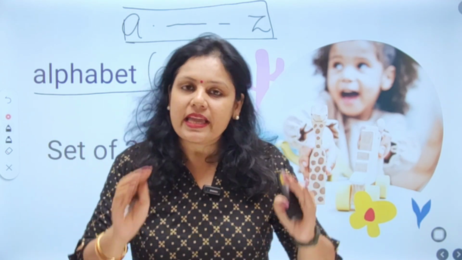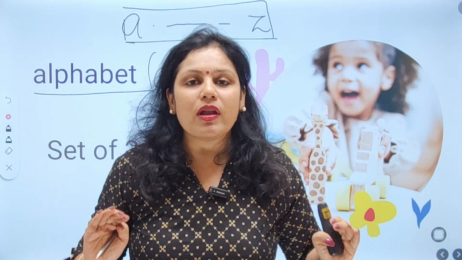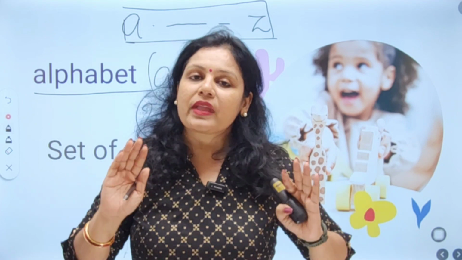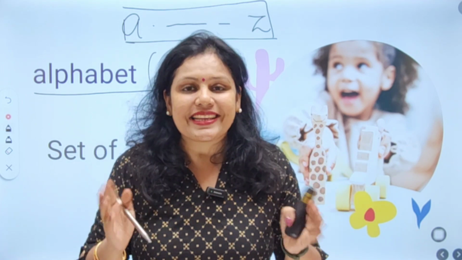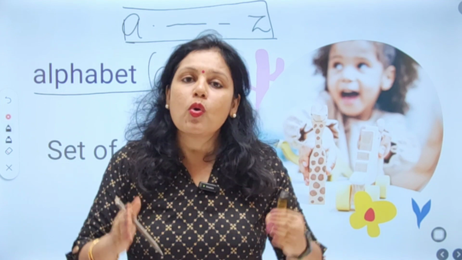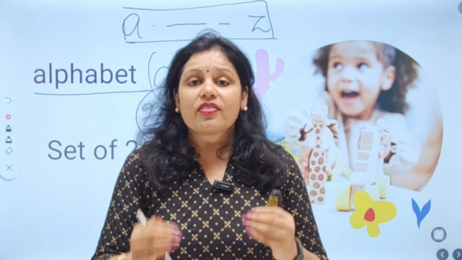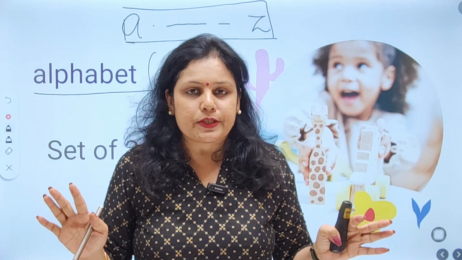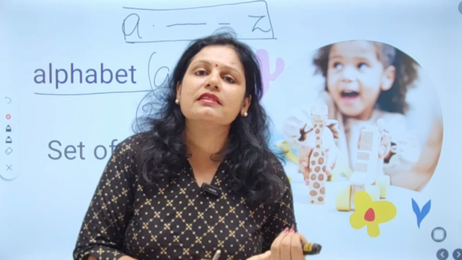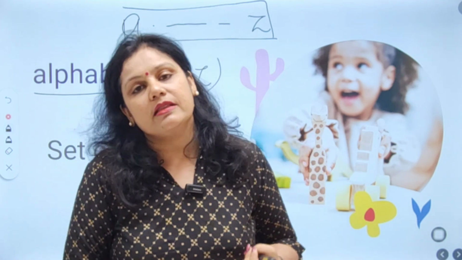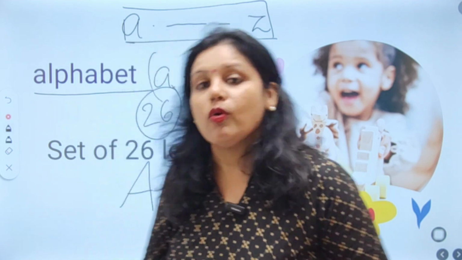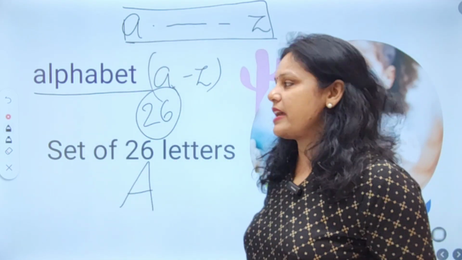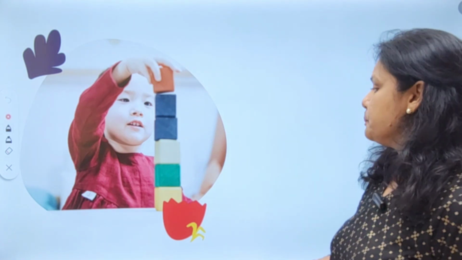So in both cases, you call it a bunch of keys. In the same way, alphabet is a collective noun, right? So you should understand that alphabet does not mean only the sequence, nor only the collection. It could be the sequence and it could be the collection also. That is the biggest point that you need to understand here.